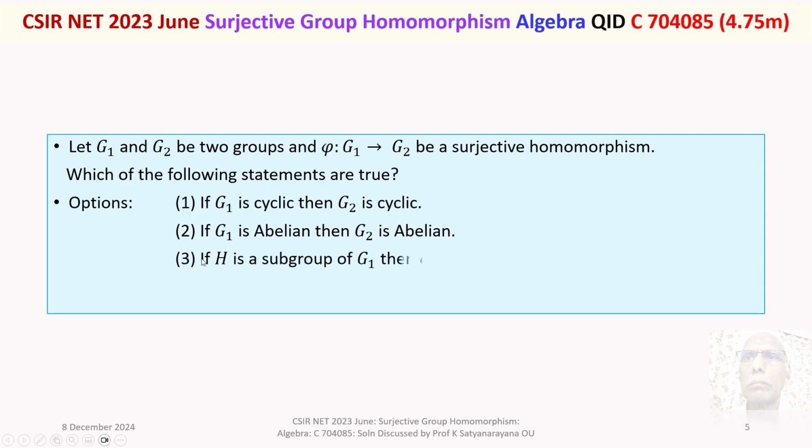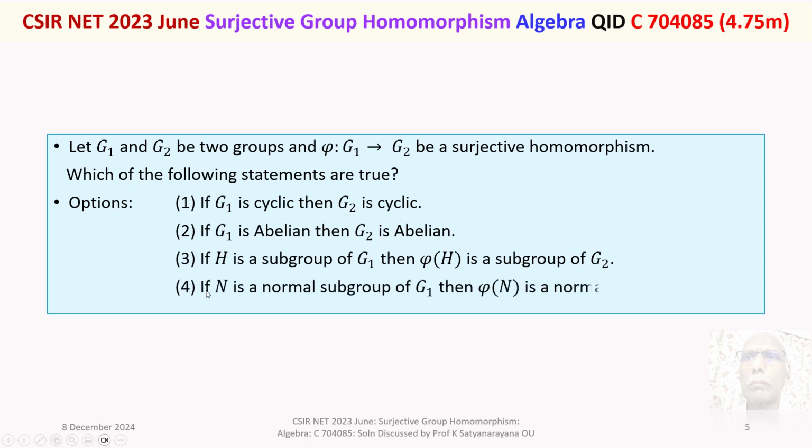Option 3, if H is a subgroup of G1, then phi of H is a subgroup of G2. Option 4, if N is a normal subgroup of G1, then phi of N is a normal subgroup of G2. The options are looking very straight and almost known to us.